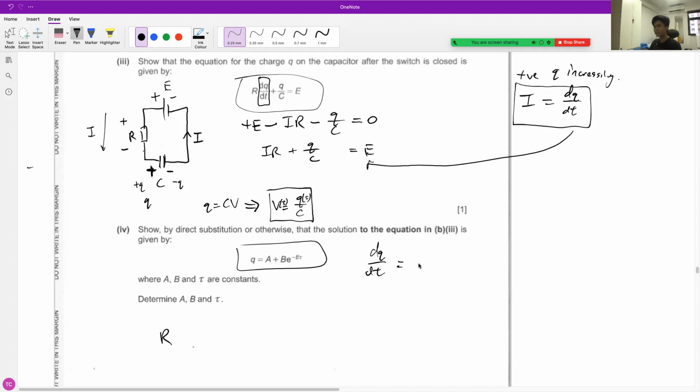That will give us minus b over tau e to the power minus t over tau, so this is going to be b over tau e to the power minus t over tau. And then q over c is just a over c plus b over c e to the power minus t over tau, equal to E.